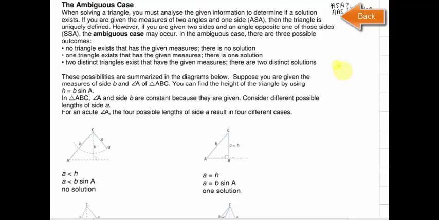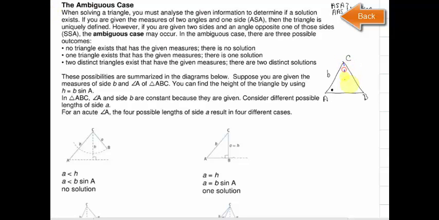So let's see where they get that from. So let's draw a triangle, A, B, and C. And we know angle A, so I'm going to put a dot in that vertex there to show you we know that angle. And we are given side B, so I'll label side B. So let's draw an altitude in then for our triangle.